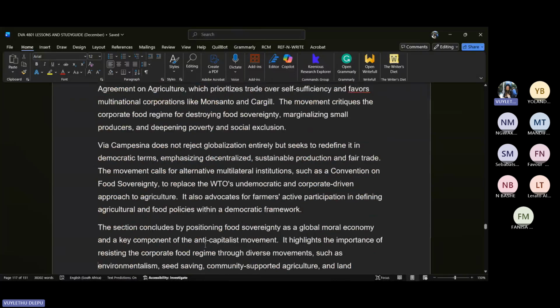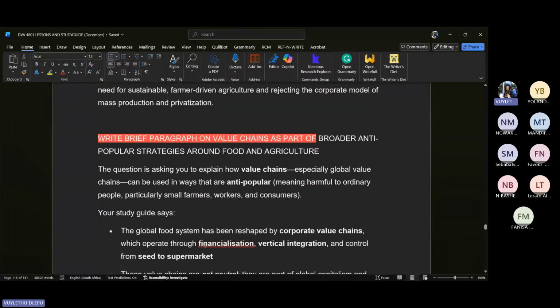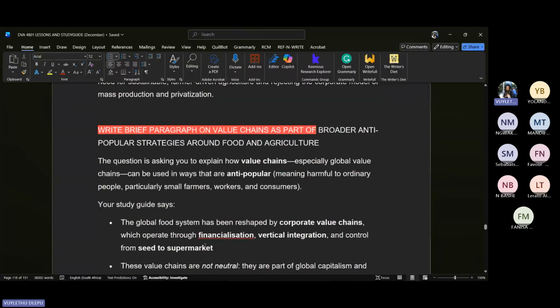Okay, fine. So the question was, write a brief paragraph on value chains as part of broader anti-popular strategies around food and agriculture. This question is asking us to explain how value chains, especially global value chains, can be used in ways that are anti-popular, meaning harmful to ordinary people, particularly small farmers and workers and consumers.